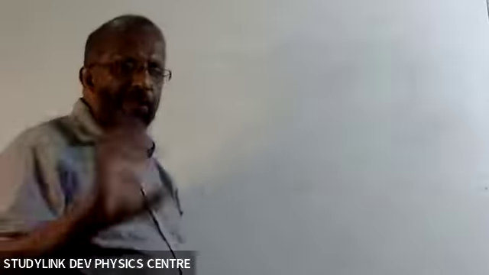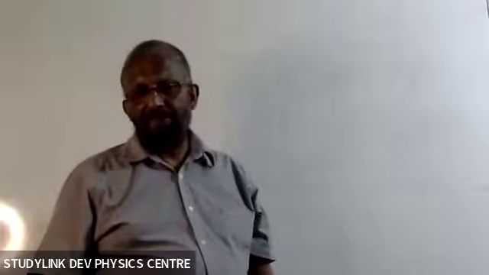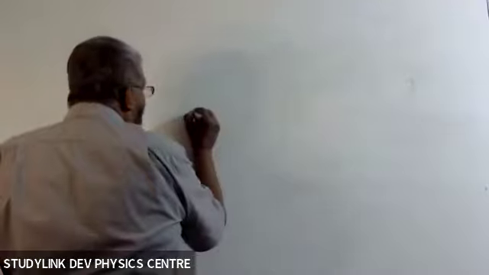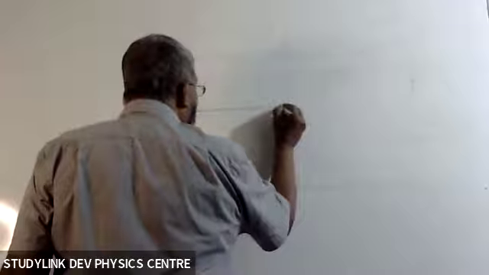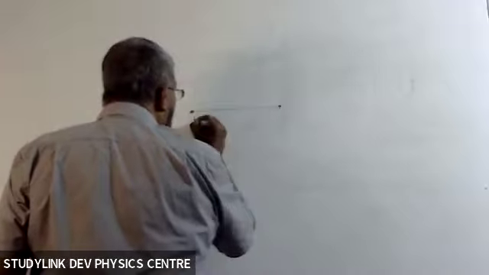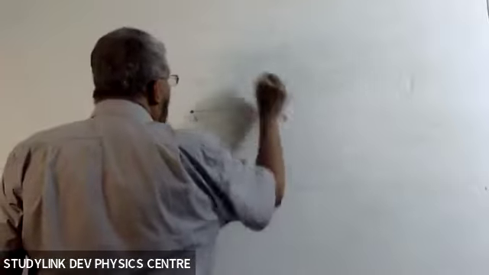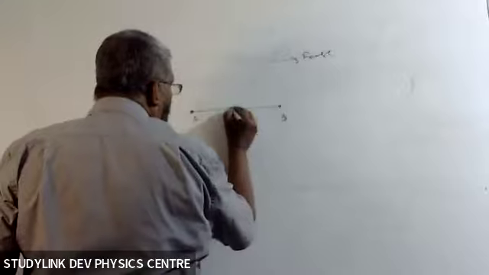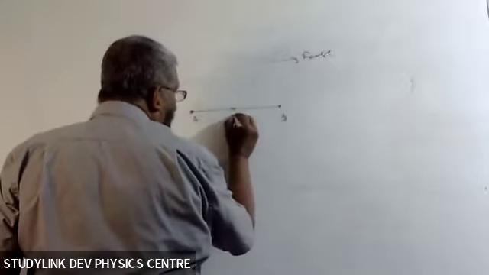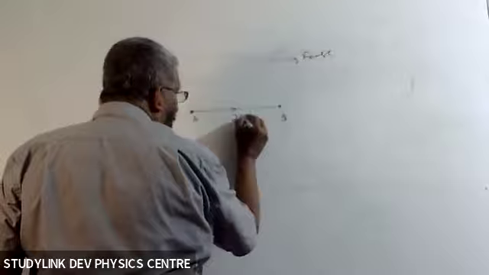In this situation, there is no need to consider a triangle. The reason is, see, we'll consider AB. AB is A to B towards east. First it was 2 kilometers.